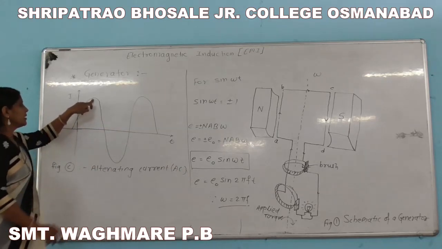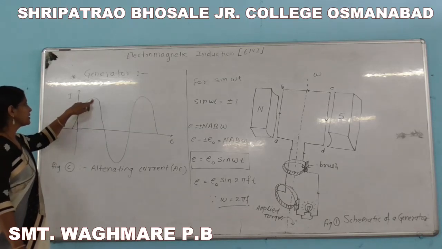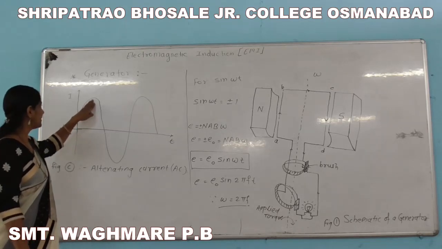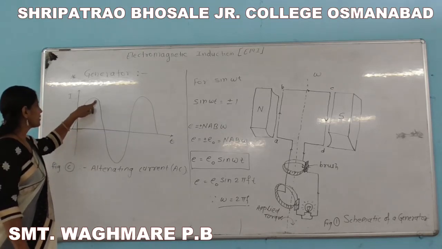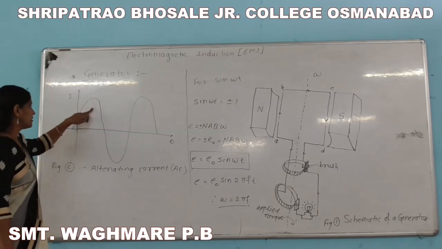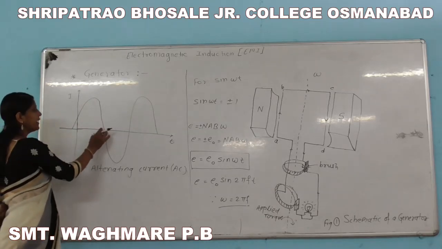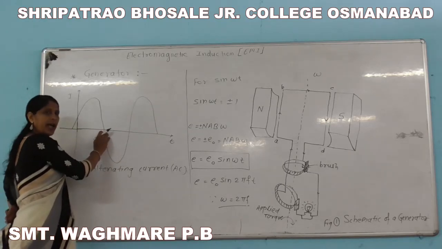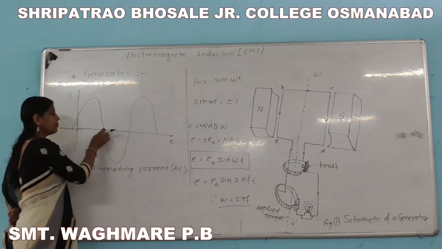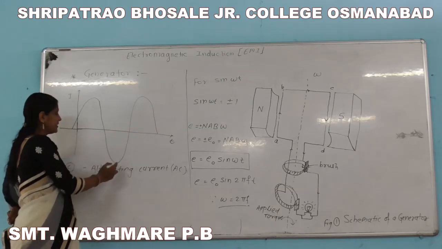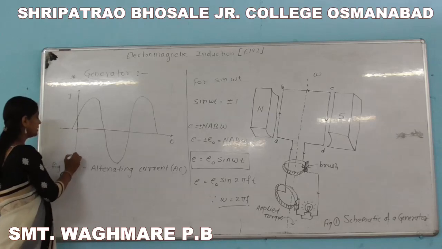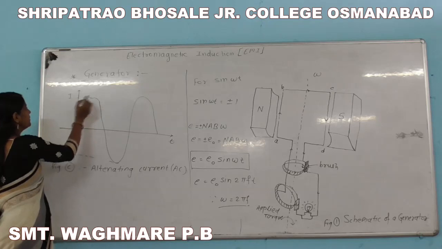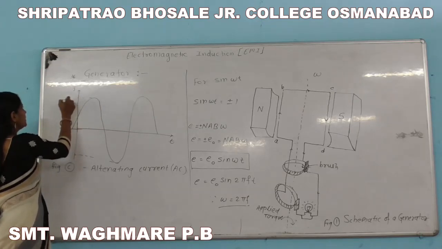Here in the first cycle the current will be positive, and therefore we get the positive cycle. Then the position of the coil changes, the current becomes negative and this is the maximum negative current, that is minus E naught, and this will be plus E naught.